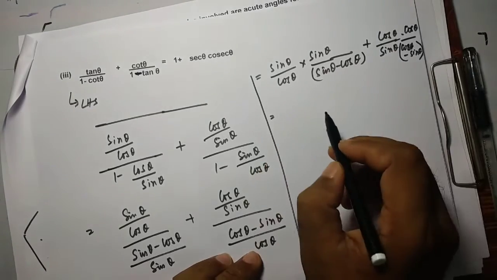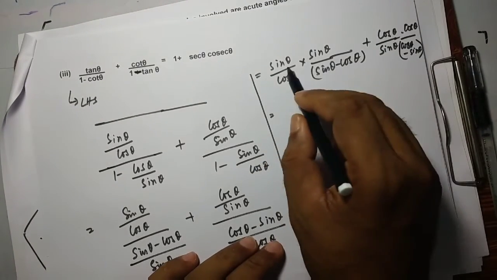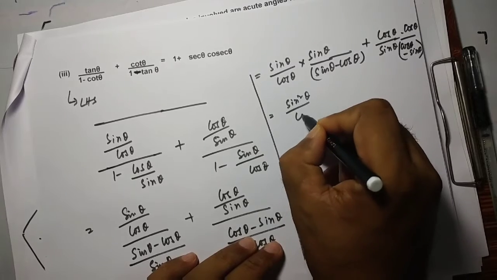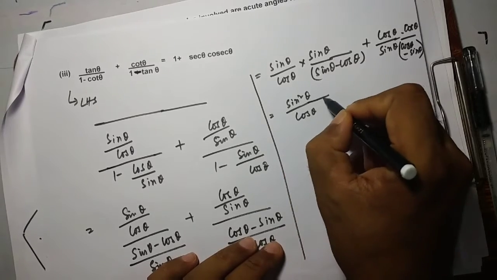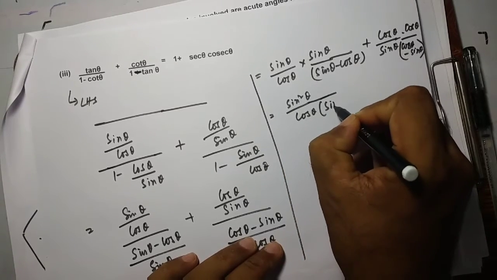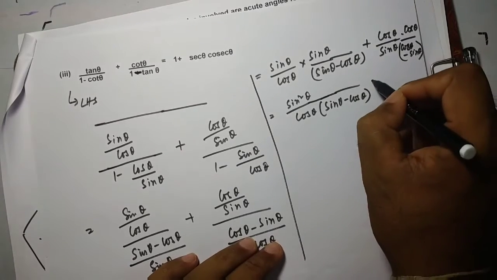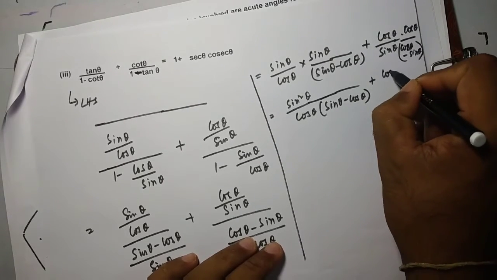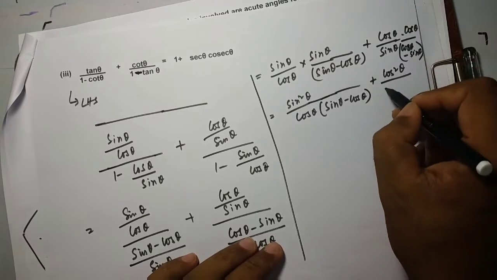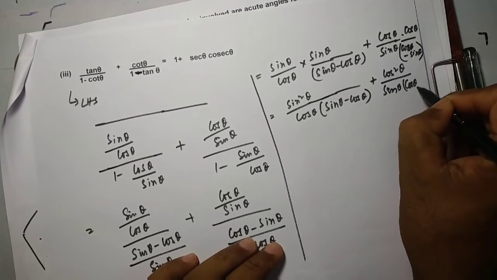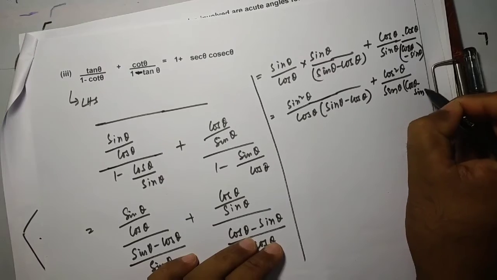Okay, so this is sin square theta by cos theta into sin theta minus cos theta, and this is cos square theta over sin theta into cos theta minus sin theta.